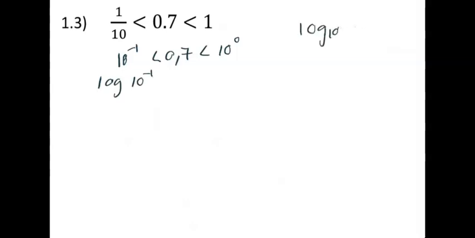Let us look at the last example where we have log to the base of 10. First of all, we look at 0.7. 1 over 10 is the same as 10 to the minus 1 less than 0.7, and that is less than 1, which is 10 to the 0. So if I take logs everywhere, remember, I don't write log base 10, that's the same as log.